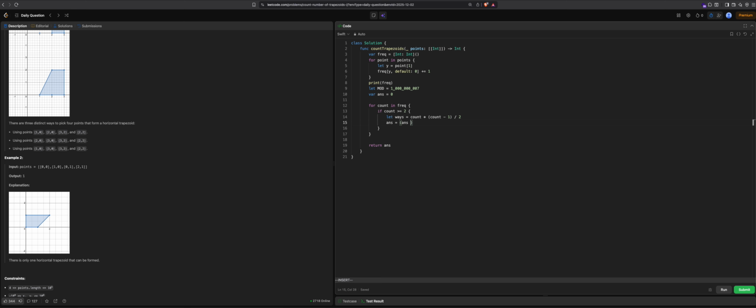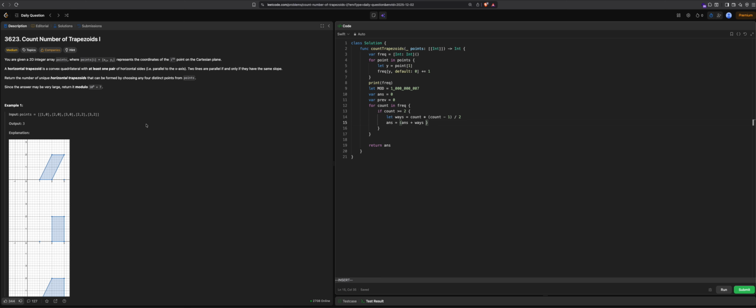The answer is, what I was thinking, multiplying the answer with the weights, and then we need to keep track of one previous variable, how many previous horizontal trapezoids we have found above, and then I'm going to multiply with the previous one, and then we can mod with that in here. Then we just update the previous with the weights.